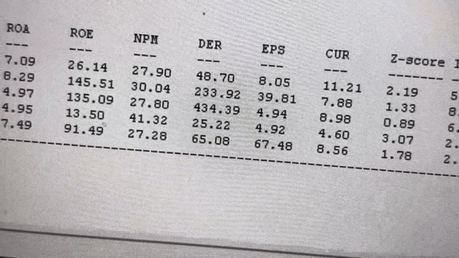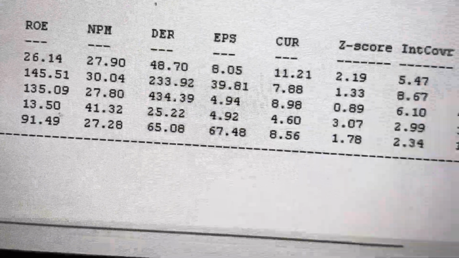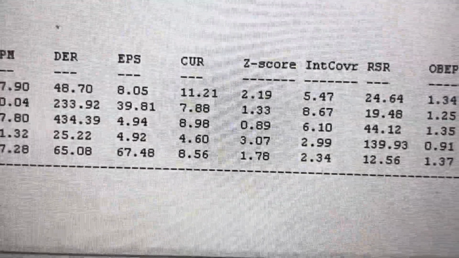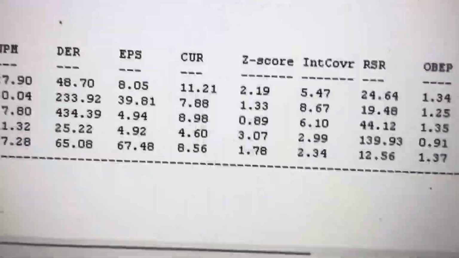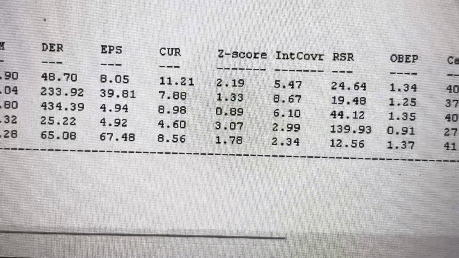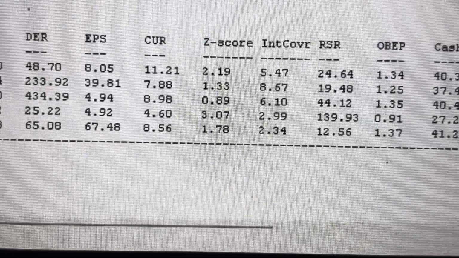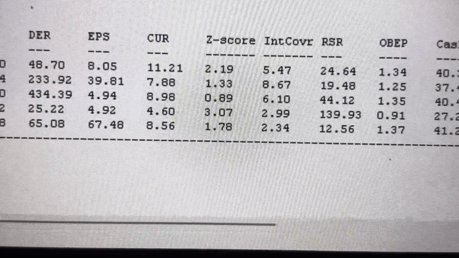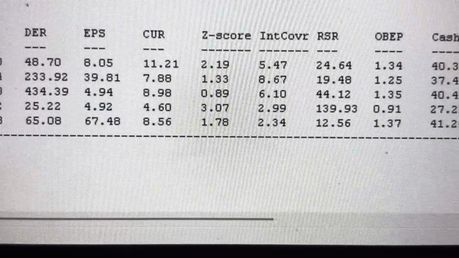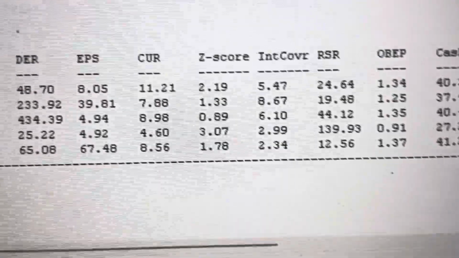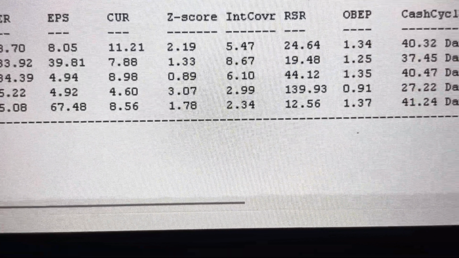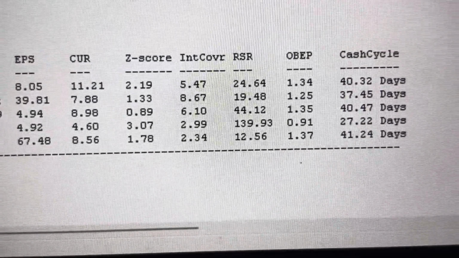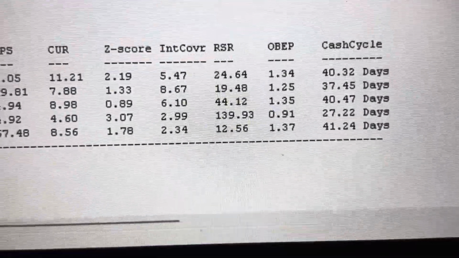Then current ratio is there. And then Altman's Z-score is there. Then interest cover is also there. Then RSR, that is relative solvency ratio, is also there. Then operational break-even point is there.